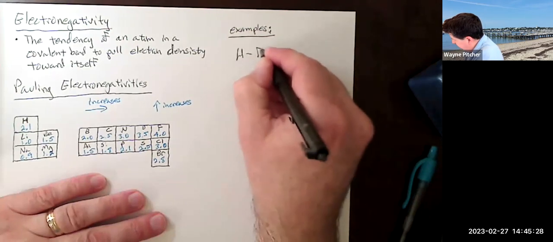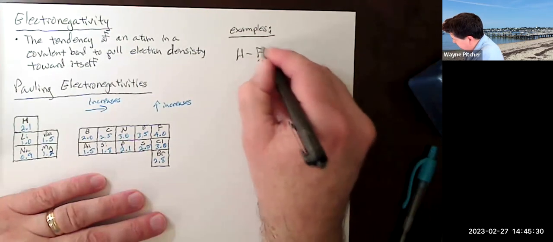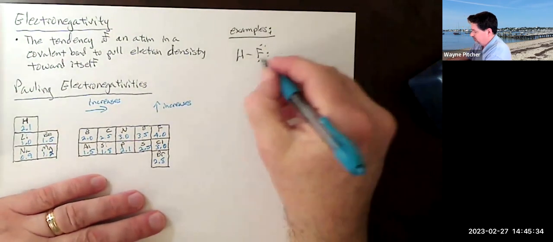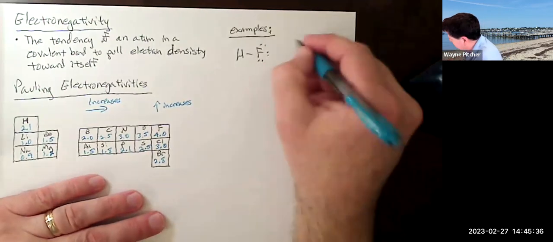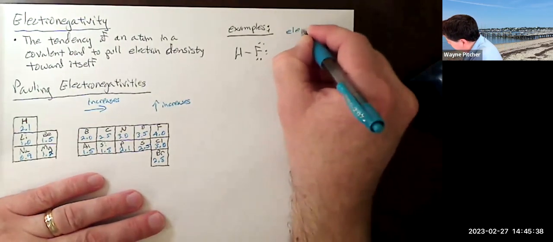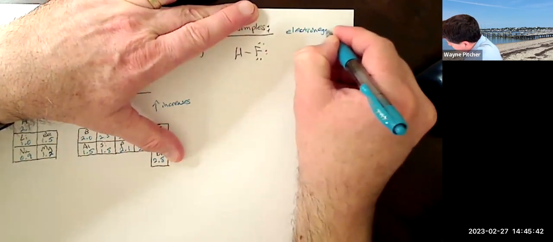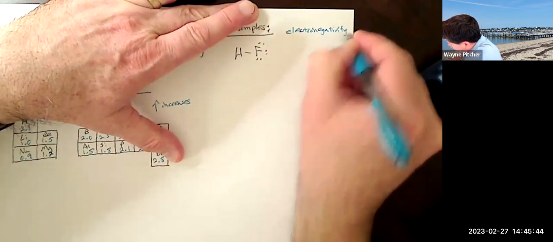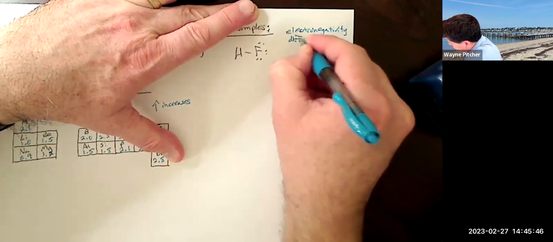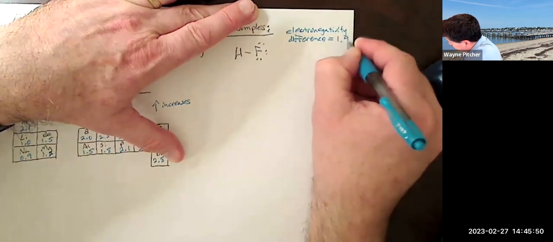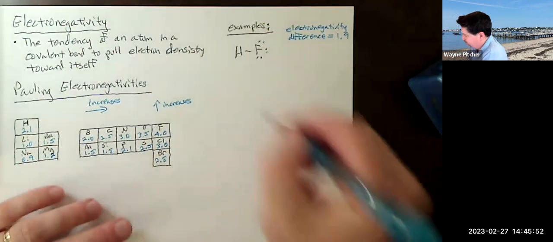Let's say we have HF, hydrogen fluoride. Fluorine is more electronegative than hydrogen. Our electronegativity difference is 1.9 in this case.